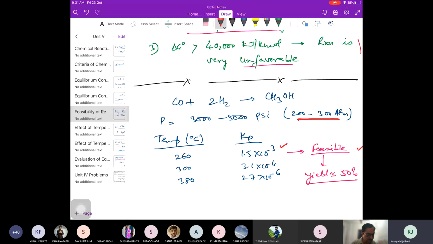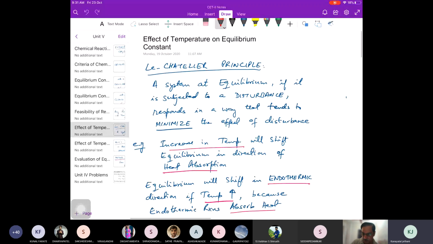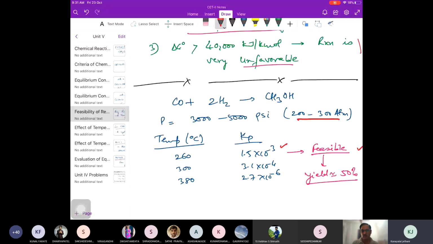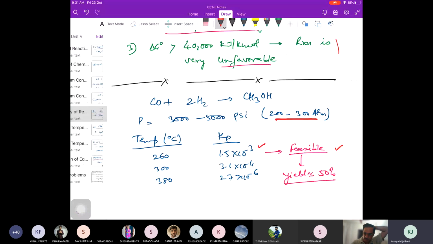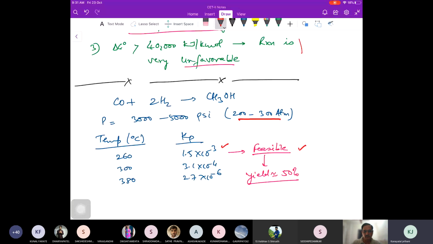Okay, if no question, then let's see what is the effect of temperature on equilibrium constant. Le Chatelier's principle पता है लोगों को? What is Le Chatelier's principle? पढ़ा है आप लोगों ने? Anybody remembers Le Chatelier's principle? नहीं पढ़ा है, केमिस्ट्री में पढ़ा होगा ना?